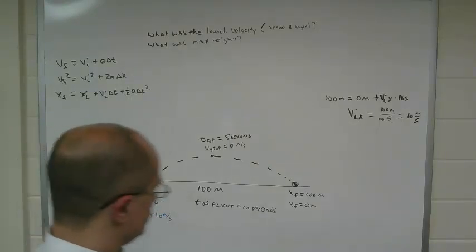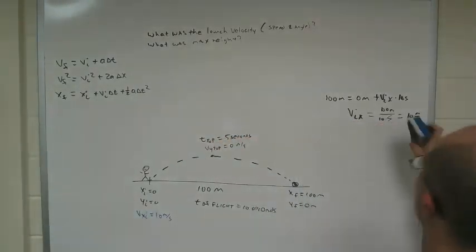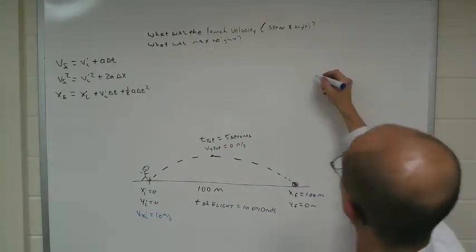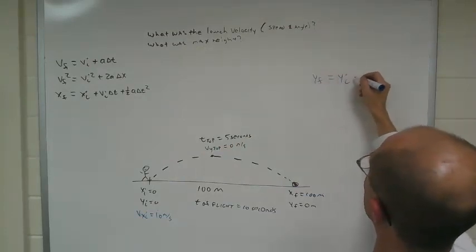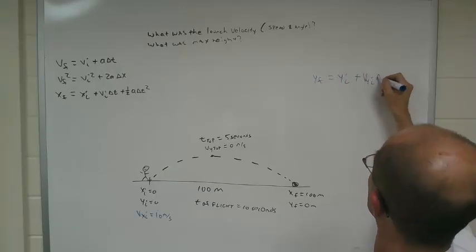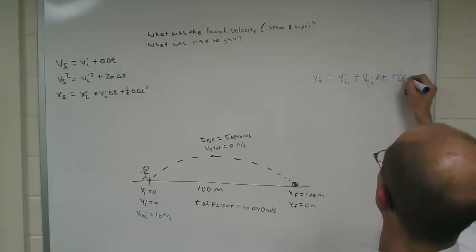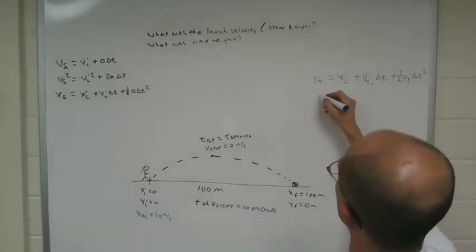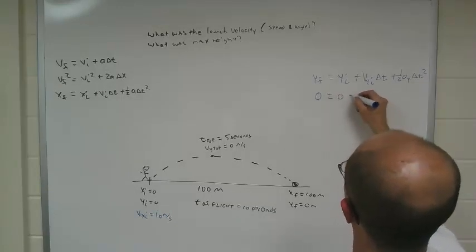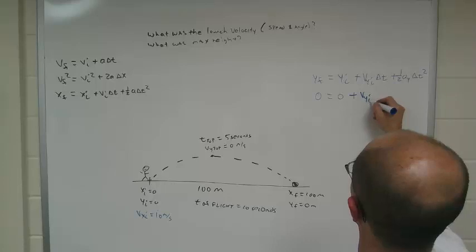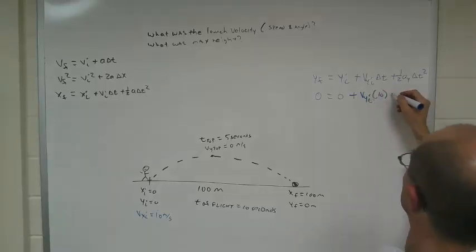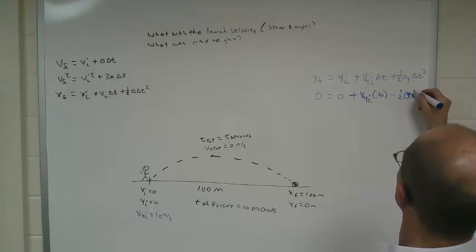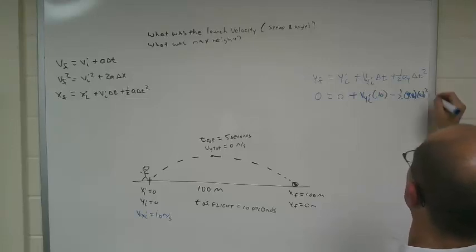What else do we know? Well, we can also figure out how fast we launched it in the y. We can use the position equation again, because we know y final is y initial plus Vy initial delta t plus 1/2 Ay delta t squared. We know that y final is the same as y initial, so 0 equals 0 plus what we're looking for, Vy initial, times the time of 10 seconds, minus 1/2 of 9.8 times 10 squared.